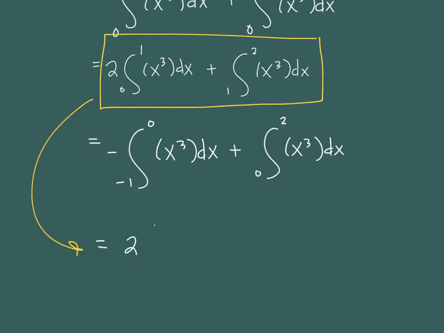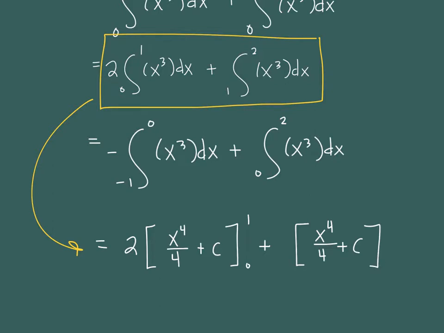All right, 2 times the bracket, the antiderivative of x cubed is x to the 4th over 4, plus the constant c going from 0 to 1, and then adding to that, also x to the 4th over 4 plus c, this one going from 1 to 2.